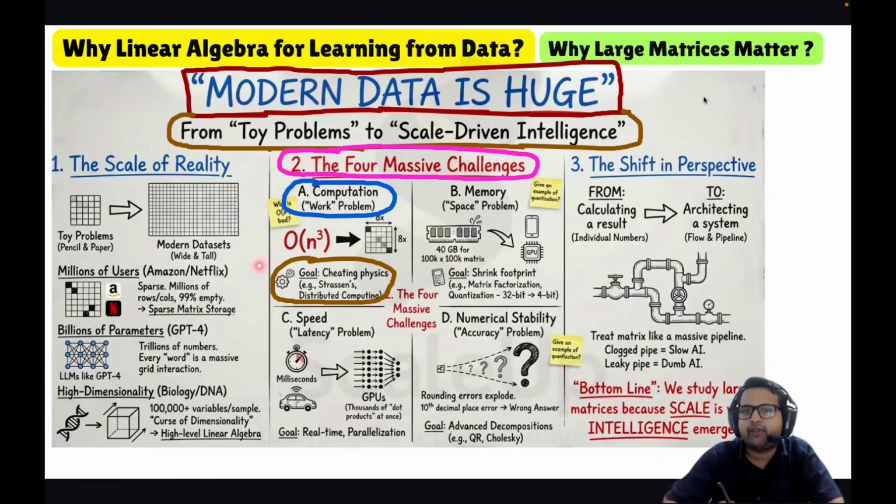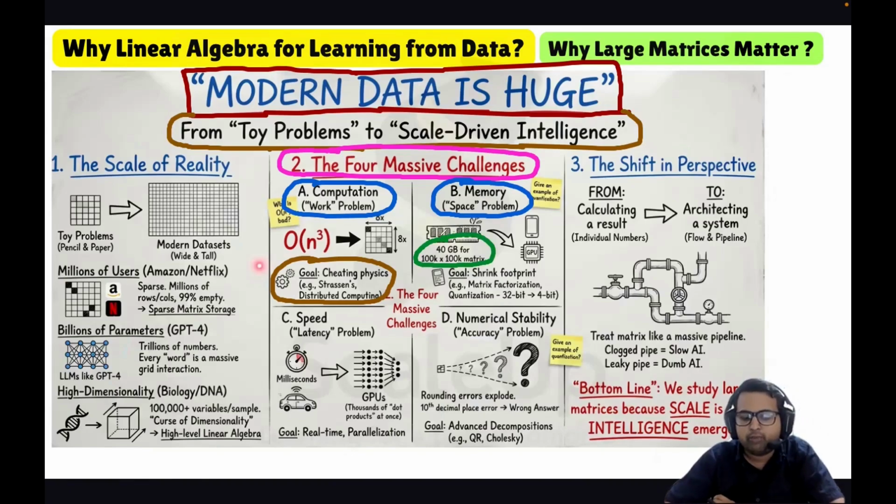Now, the second massive challenge is the memory, the space problem. A matrix of 100K cross 100K floating point numbers would take roughly 40 GB of RAM. Just imagine dealing with a very big matrix of 100K into 100K holding floating point numbers, it will need 40 GB of RAM, which can be very huge.